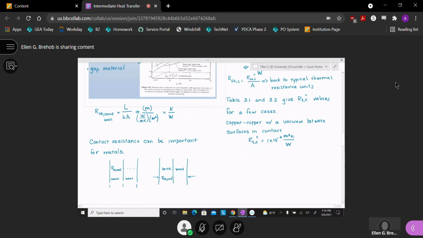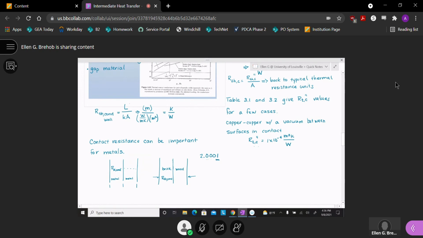So if you think back to when you did these kinds of problems before, we very rarely had to worry about contact resistance. That was because most often we're looking at materials whose thermal resistance is already so large. If we were looking at a thermal resistance, maybe we got a 1 out here due to contact resistance, it didn't have an effect. But if we have two slabs of metal, they might have resistances that are quite small themselves.